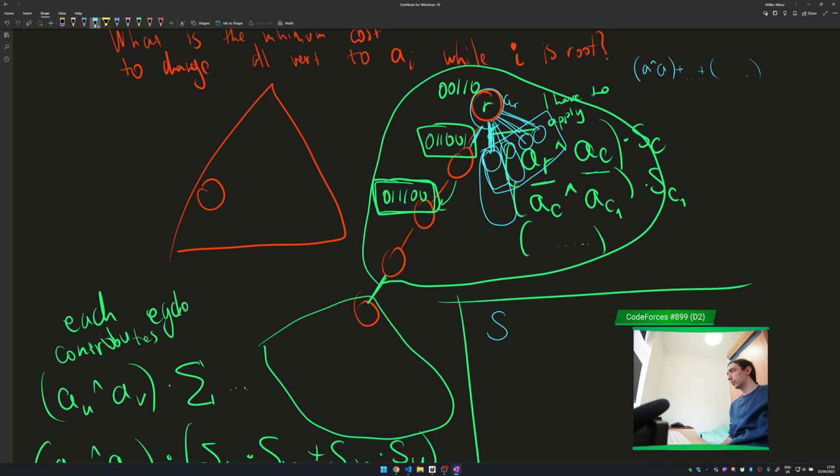And the cost will be so that each of his children will actually make cost from the cost.